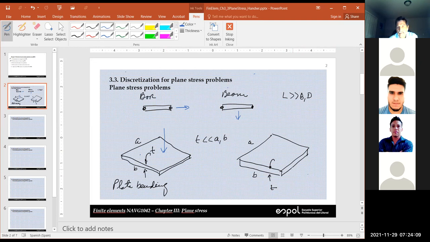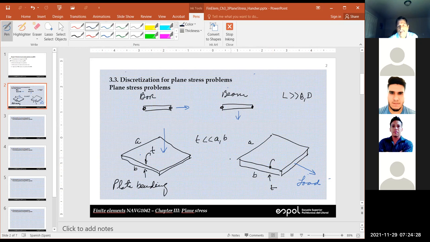Here is my dot. So this is the load. So in this subchapter, we're going to have the load applied in the plane of the plate.